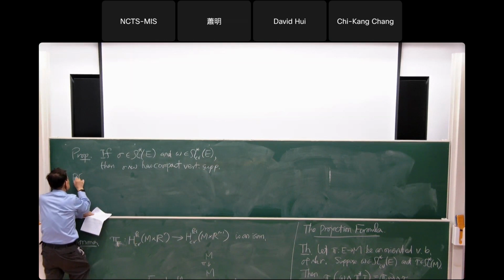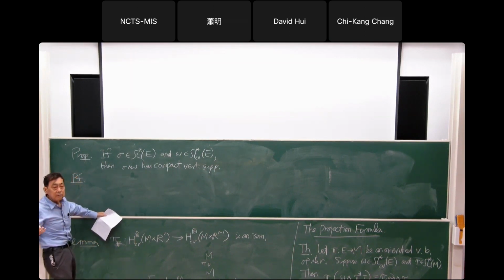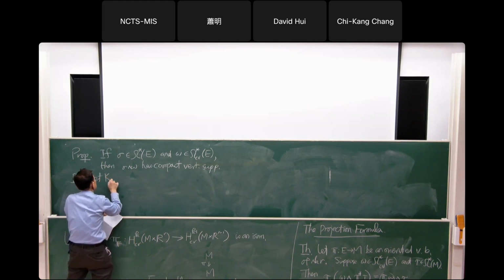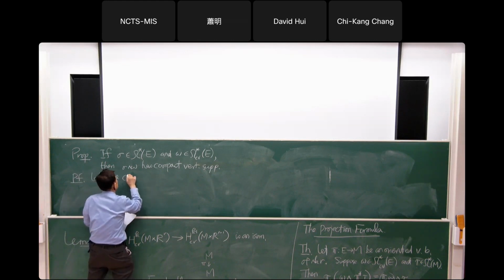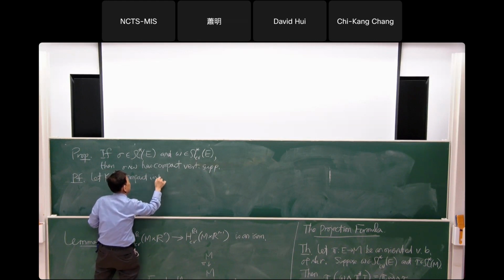The definition of compact vertical support is that you have to intersect the support with the inverse image of a compact set. So let K be compact in M.